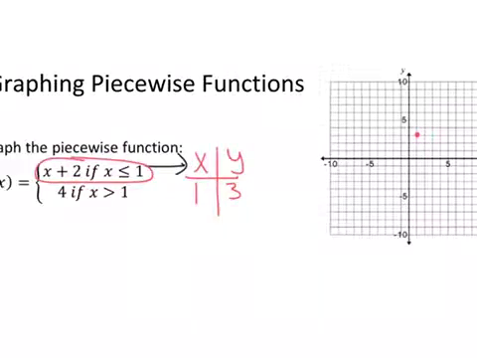So then notice our slope is +1. And if I want x values less than or equal to 1, I need to have smaller x values. So I'm going to go down 1 and left, because that still gives me a positive slope. And then I'm going to do it a couple more times.